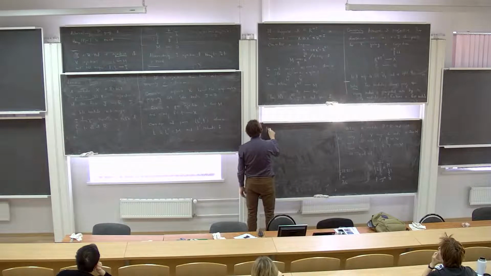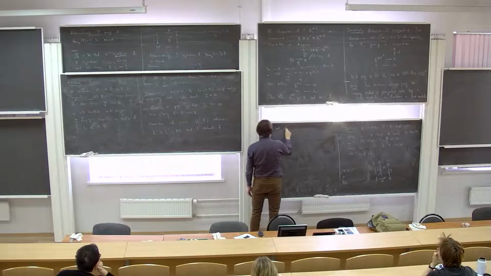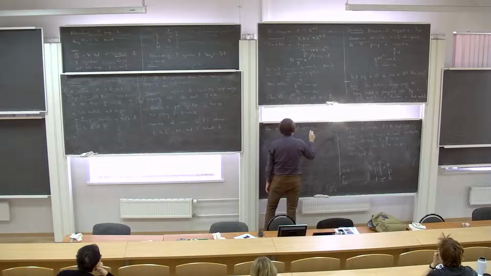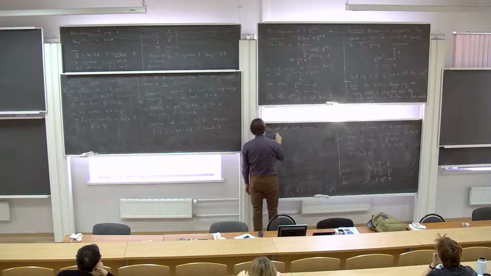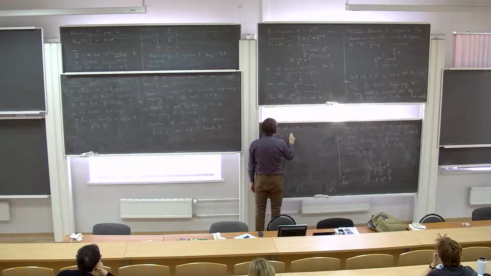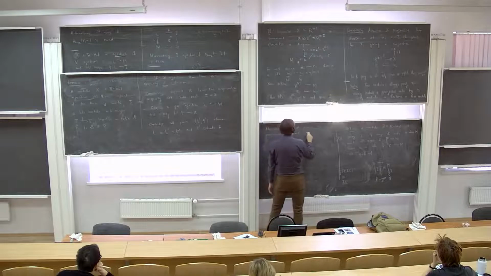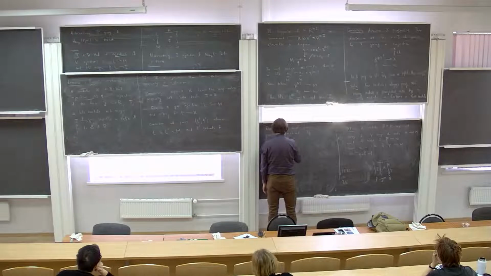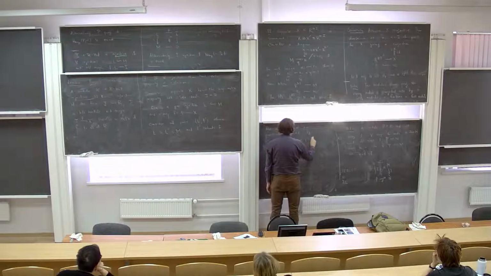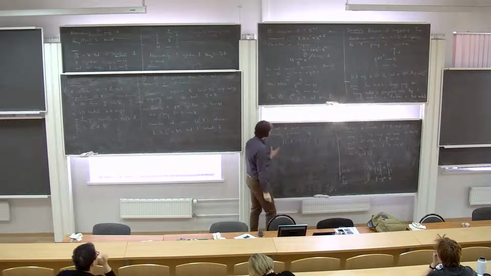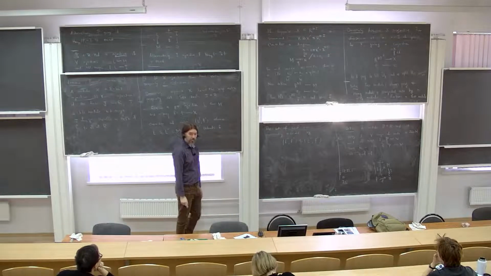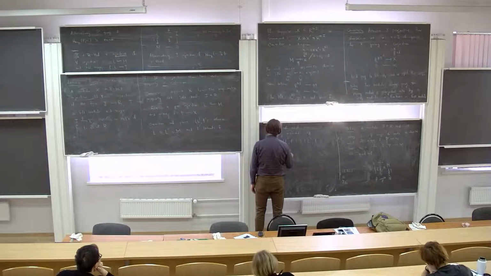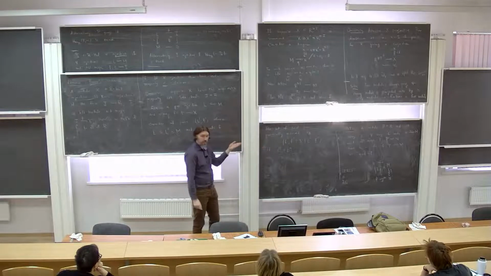The set of such pairs is partially ordered by the following: L prime, F prime is less than or equal to L double prime, F double prime if L prime is contained in L double prime, and if F double prime extends F prime.